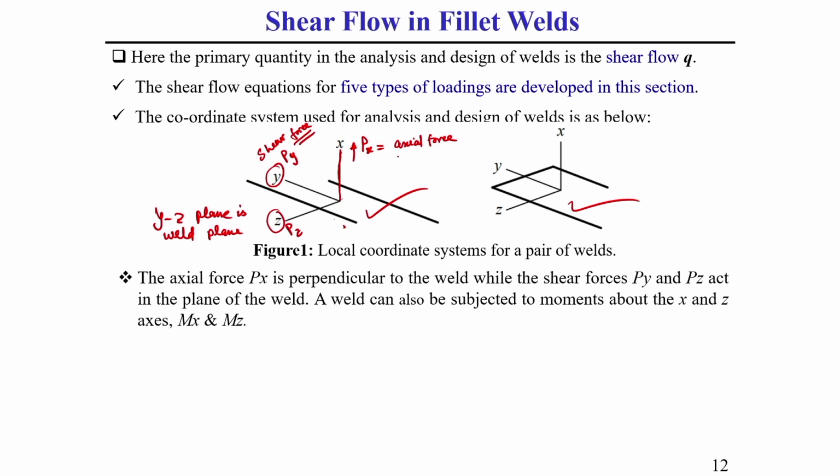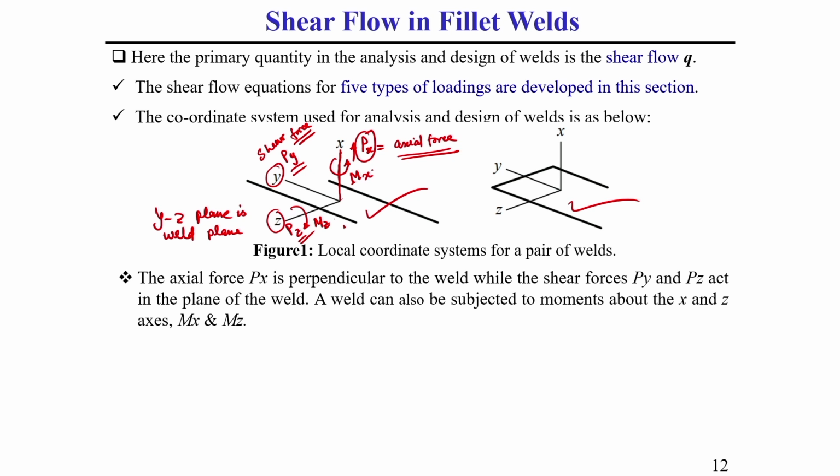The axial force is normal to the weld, so you can consider it as the normal force, and p y and p z are called shear forces. Apart from these, the weld can be subjected to a bending moment m z, and to a torsional moment m x.